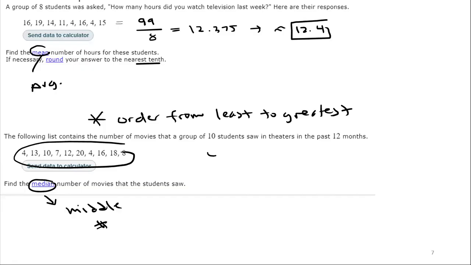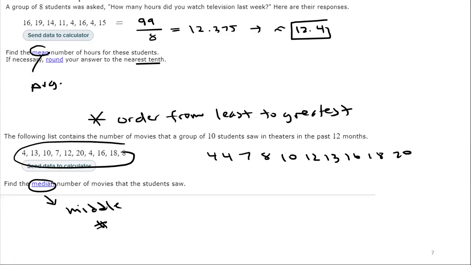So we have 4, 4, 7, 8, 10, 12, 13, 16, 18, and 20. Okay, so once we order it from least to greatest, then we just count, you start marking things from left to right until you find the middle number.